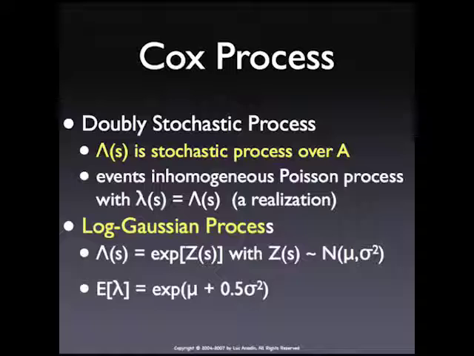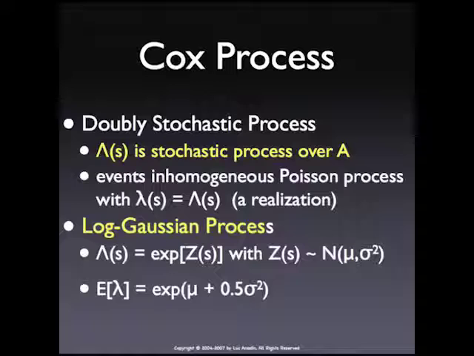And a special case of this that's seen quite a bit of application is the so-called log Gaussian process, where the lambda S is log normal. So log normal means that the log of this is normal. So the log of the exponential of z is z itself, which is normal. So that's one way you can remember it. There's other ways you can express this.